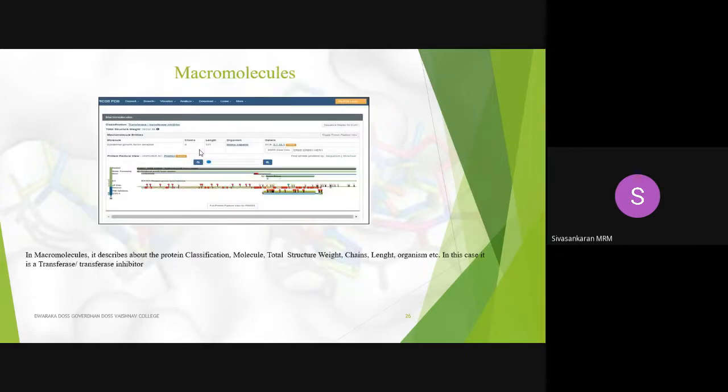Macromolecules is a type of output which we get from the database for the protein sequence ID we have inserted. The macromolecule section describes the protein classification, molecule, total structure weight, chains, length, and organisms. In this case, it is a transferase inhibitor, which has been used for the inquiry.